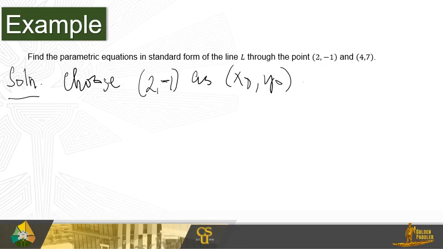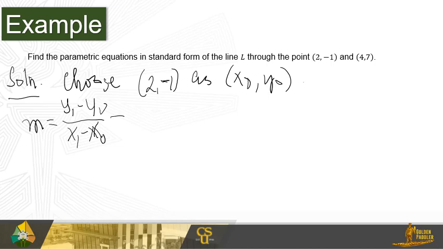Okay, so the slope m is y sub 1 minus y sub 0 over x sub 1 minus x sub 0. Okay?